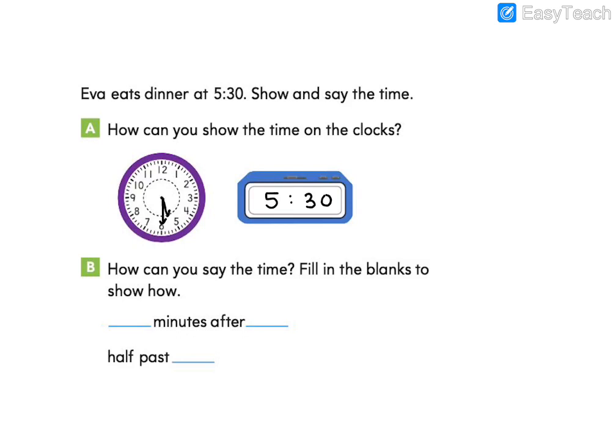So my hour hand will point between 5 and 6. It's 30 minutes past 5. Remember, we can say 30 minutes as half past 5.